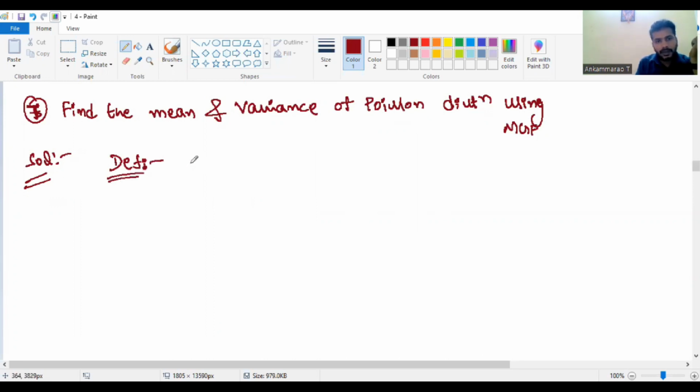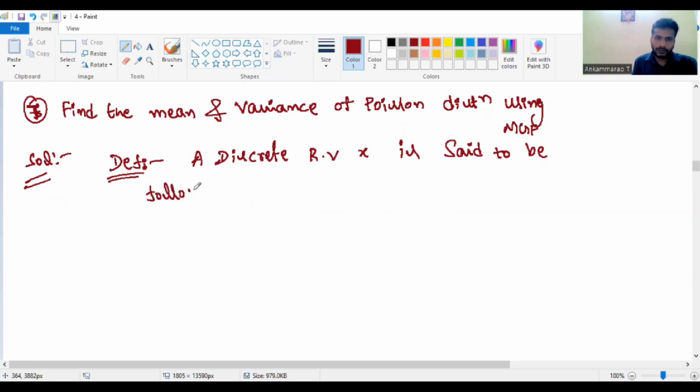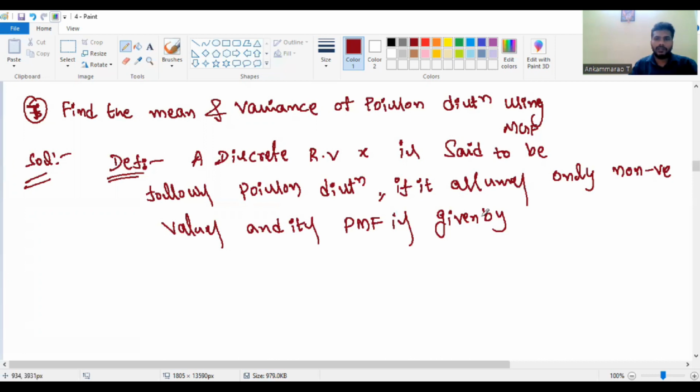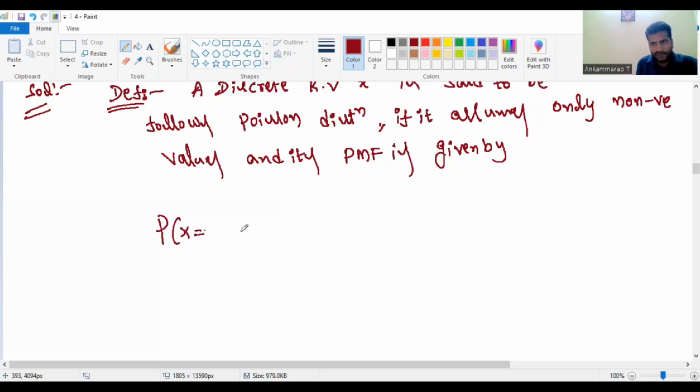Definition: a discrete random variable X is said to follow Poisson distribution if it assumes only non-negative values and its probability mass function is given by: probability of X equal to x is e power minus lambda, lambda power x, divided by x factorial.